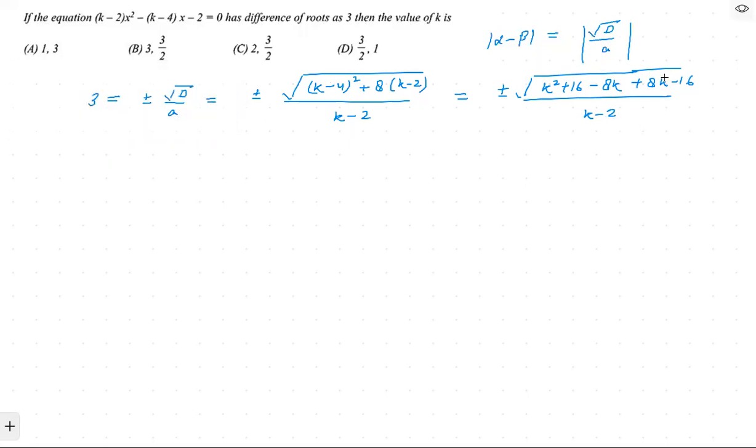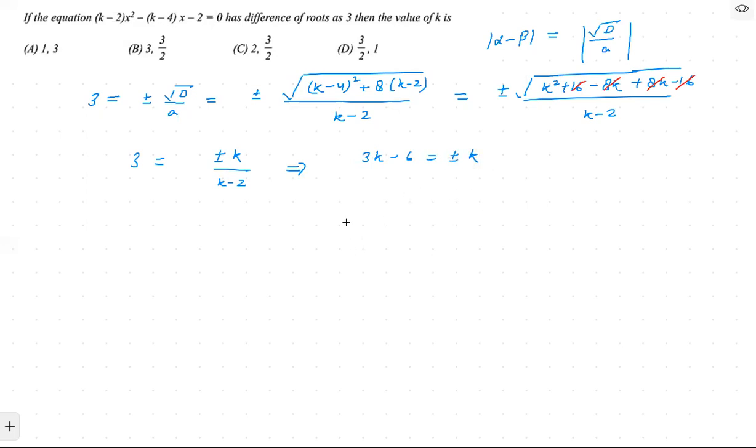So this 8k and 8k, and here 16 and 16. Okay, good. So the calculations are now simpler. So here we will write that 3 is simply the k square will come out of that, plus minus k upon k minus 2, or we can say 3k minus 6 equals plus minus k.